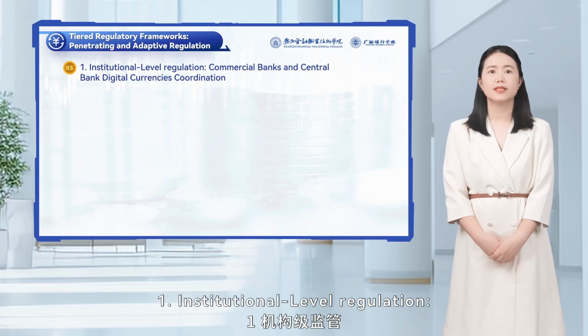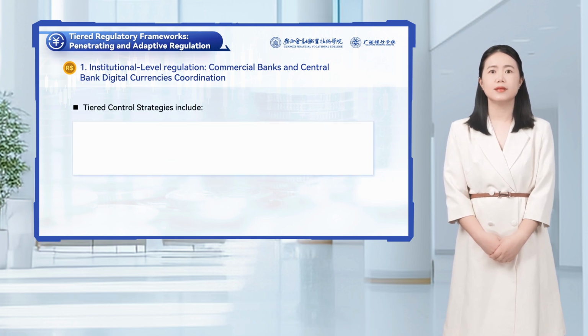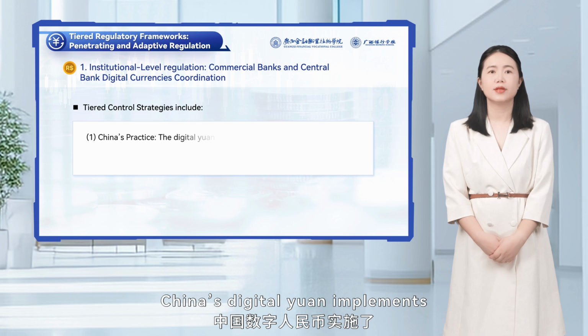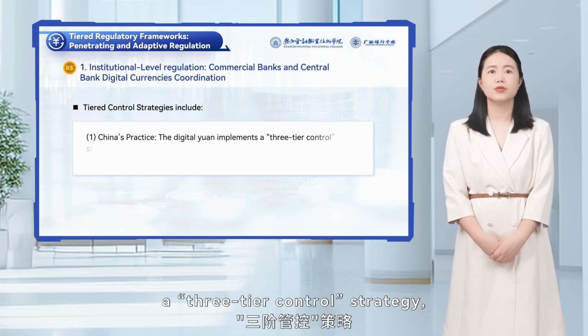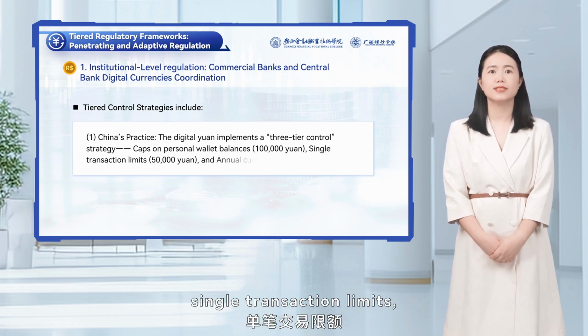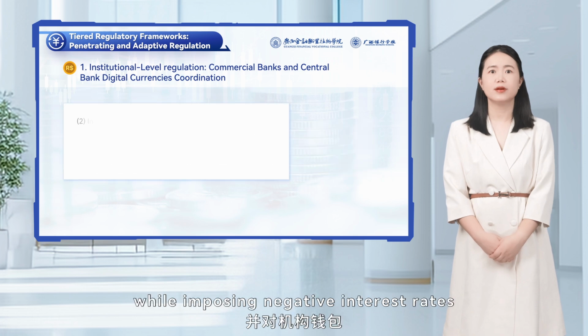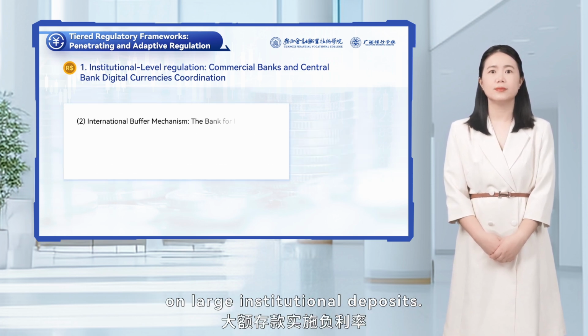1. Institutional level regulation. Commercial banks and central bank digital currencies coordination. China's digital yuan implements a three-tier control strategy, including caps on personal wallet balances, single transaction limits, and annual cumulative limits, while imposing negative interest rates on large institutional deposits.